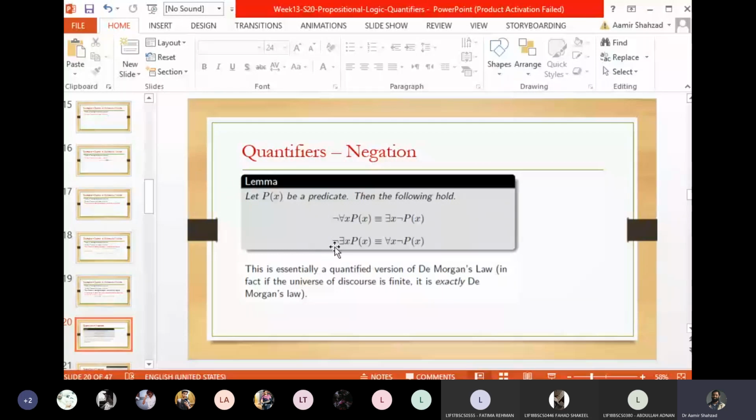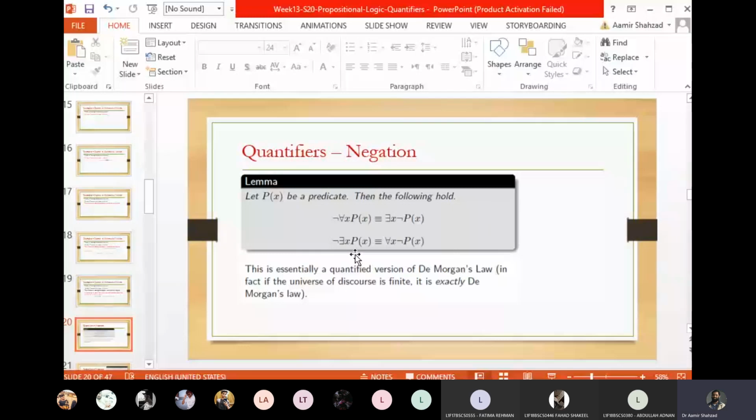Similarly for existential quantifier, when it is going to be true? When there exists x for which p of x is true. तो इसकी negation कब होगी? If we cannot find any value of x for which p of x is true.